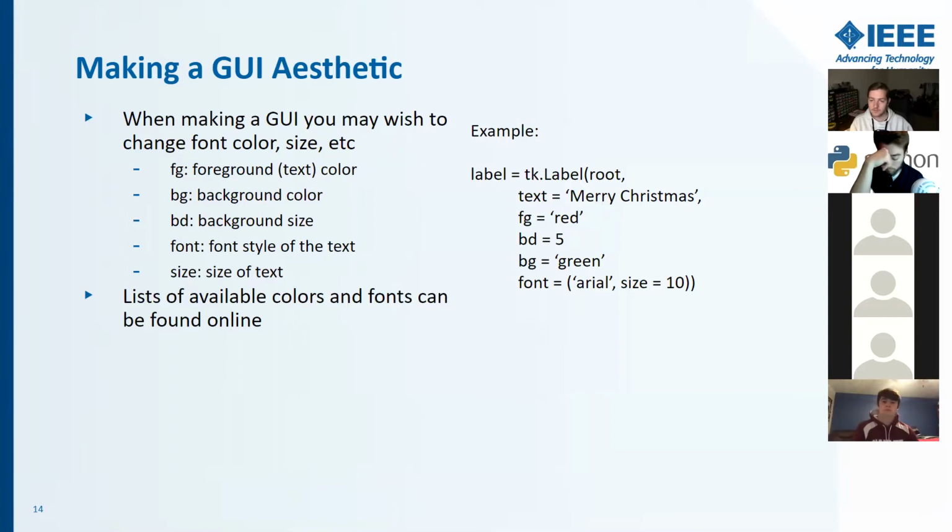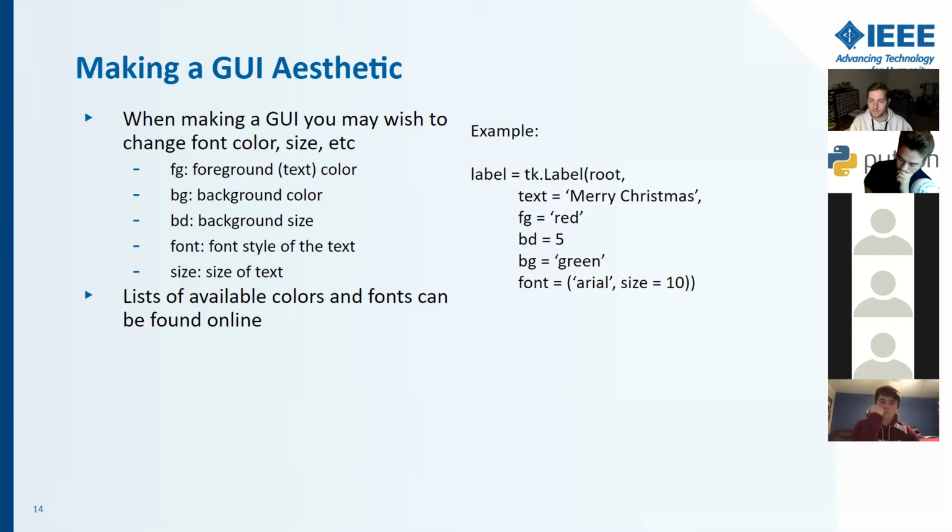So just a small example here, using the same code that we had just had, I could say the label is equal to tk.Label, root, text equals Merry Christmas. FG stands for foreground color. Just think of that as your text color. The BD, that's the border size, so I want the border around the text to be a size 5.